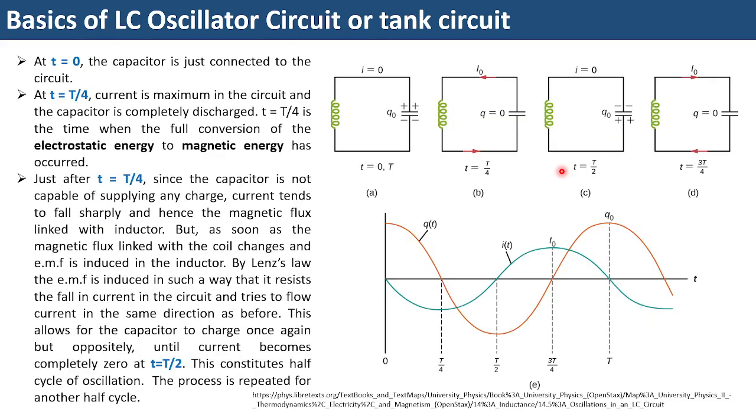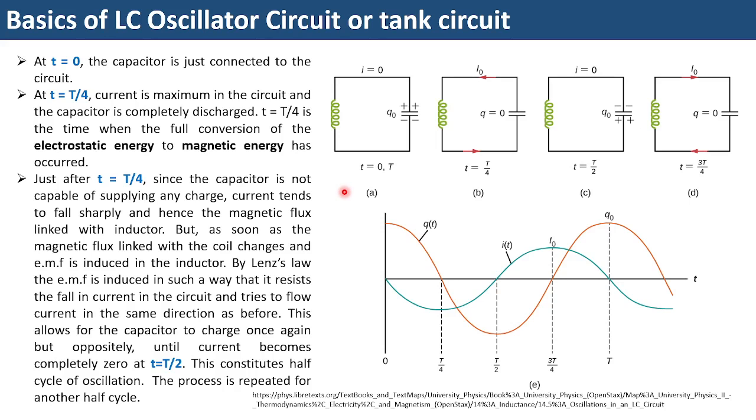Now, to get a better picture from this particular figure, let us concentrate on this particular graph. So here we show the variation of the total charge and the variation of the current. The blue line shows the variation of the current, and this yellow or orange line shows the variation of the charges.